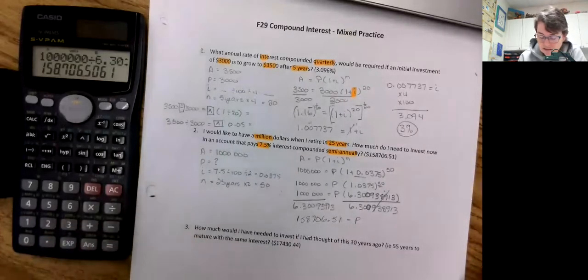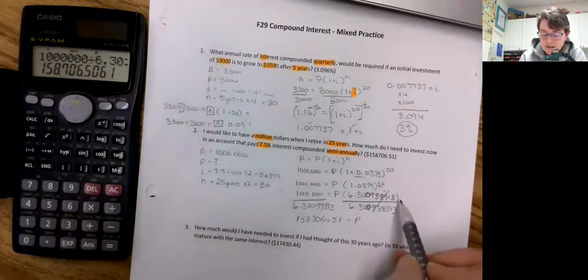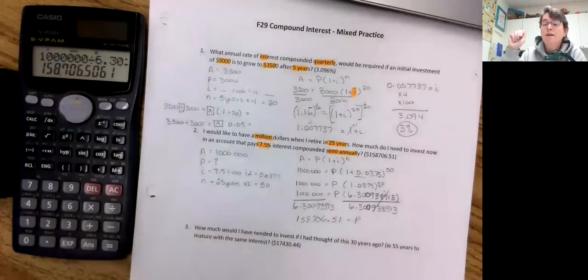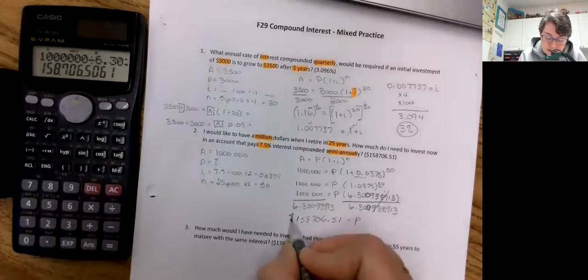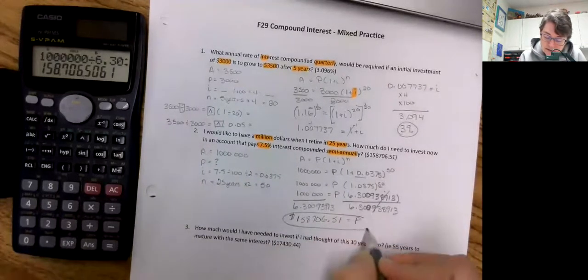Get the same exact answer. You also could have used the x to the minus 1 key. Anyway, you'll get used to keying and you'll figure out what makes you happiest. And that's in dollars, and I've got to circle that.